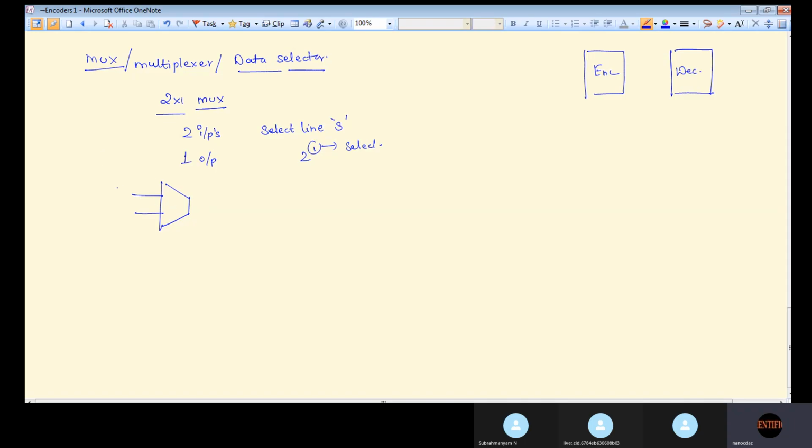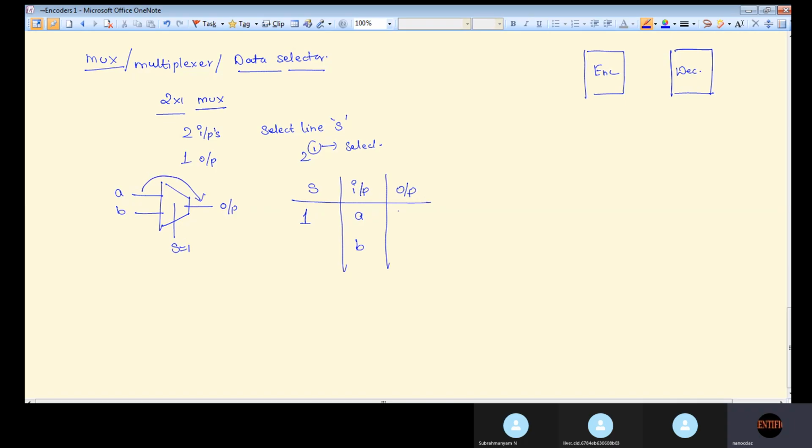Let us suppose A and B are the inputs for the multiplexer, S is the select line, and this is the output. The output is based on the select line. If we want to write the truth table of the multiplexer, we have S and the inputs A and B. If S is equal to 1, A will be your output.